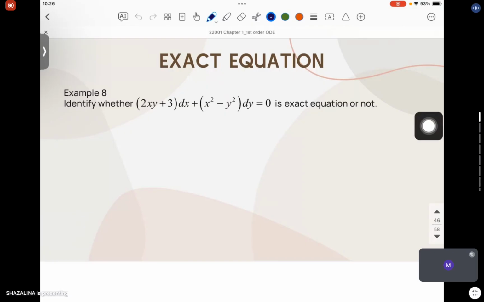Soalan dia identify whether this is exact equation or not. Takat tu je. Dia tak minta untuk selesaikan. Just identify. So for us to identify, first recall the general form of exact equation. The general form is M dx plus N dy equals to 0.